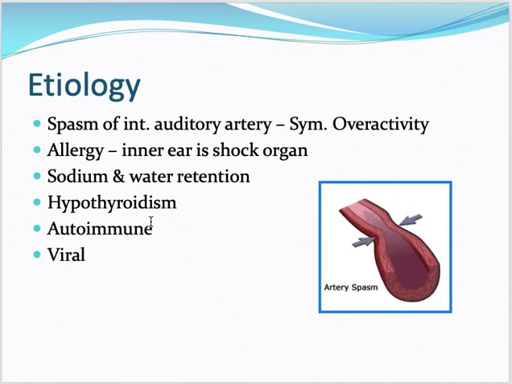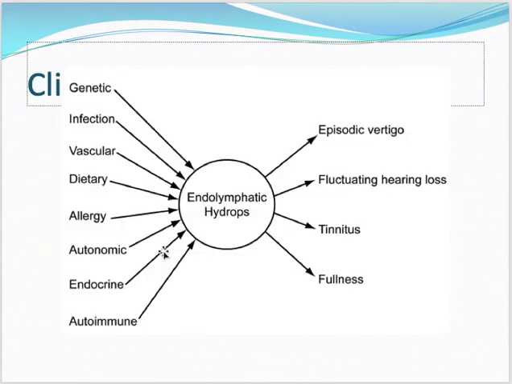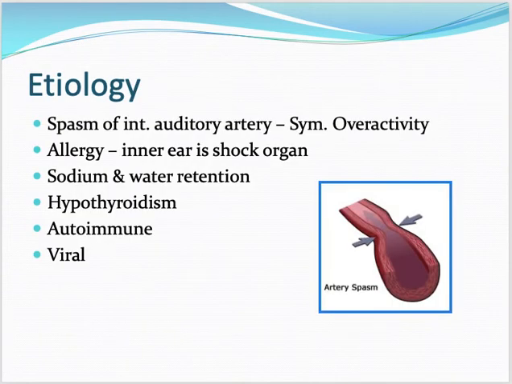Basically, the exact etiology of Meniere's disease is not known, but there are various theories in circulation, which you can see over here. There are various theories to explain the condition.